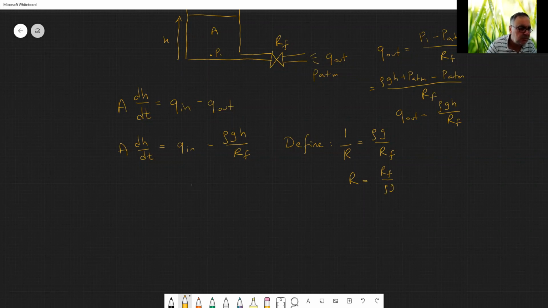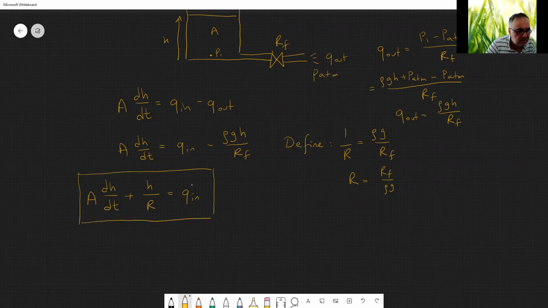So I'll carry this to the other side and write the following equation: A dh/dt plus h over R is equal to Q in. Which is our equation for filling of a tank that has an input and an output.